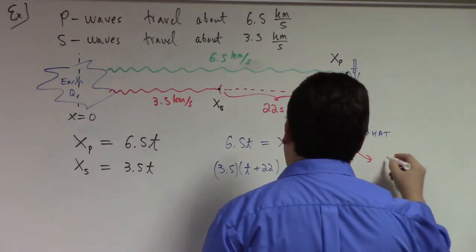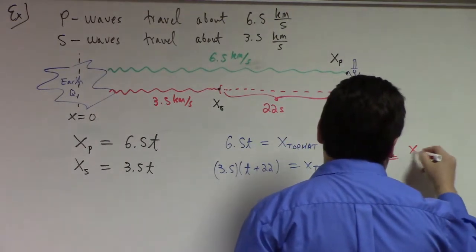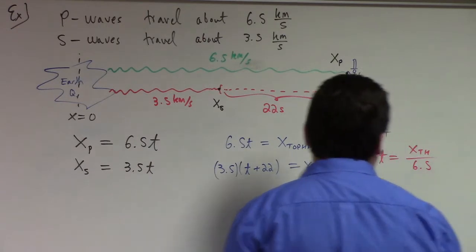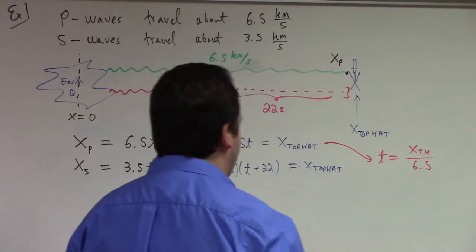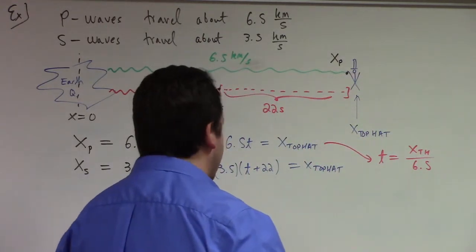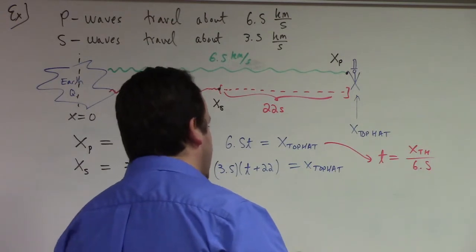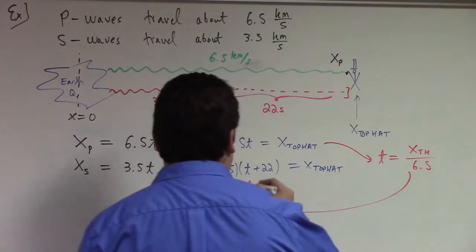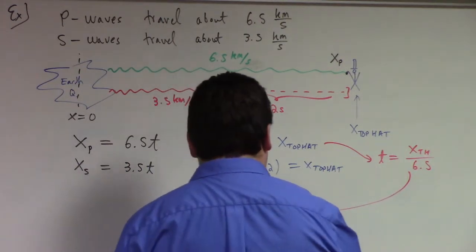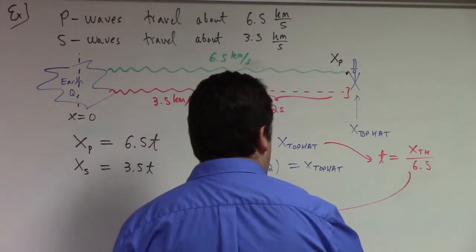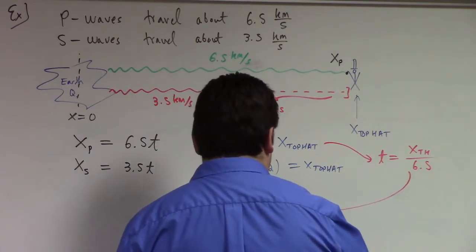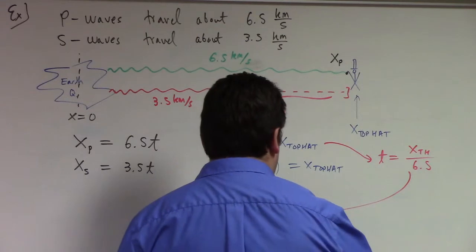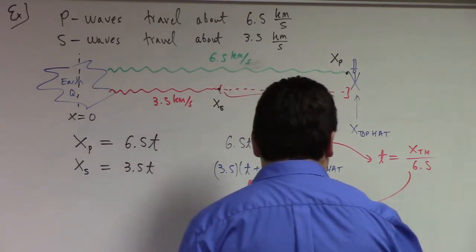Let's see here, t is equal to x top hat divided by 6.5. I draw it weird with my top hat, and I'm sure you guys by now are just writing x there. So x divided by 6.5 is equal to t. Then just take that, plug it in over here, and I get 3.5 times x divided by 6.5 plus 22 is equal to x.